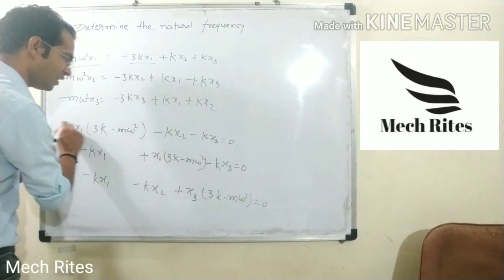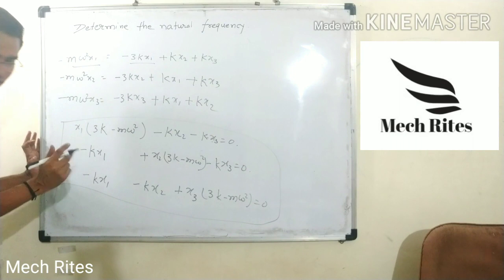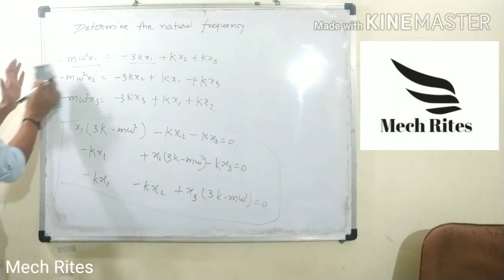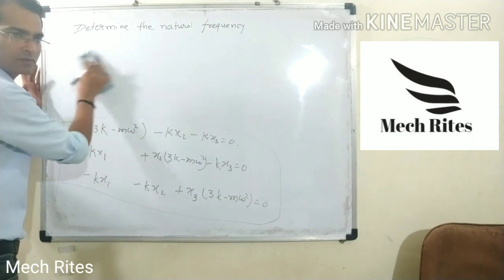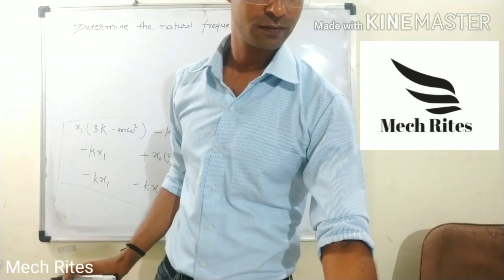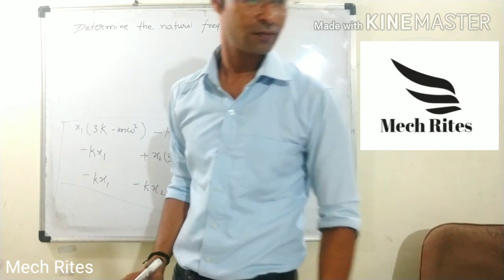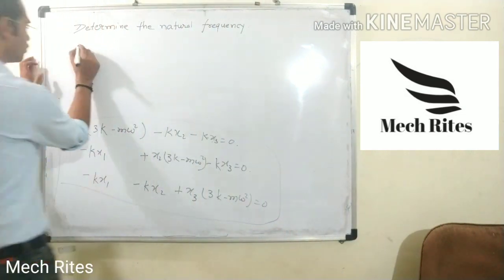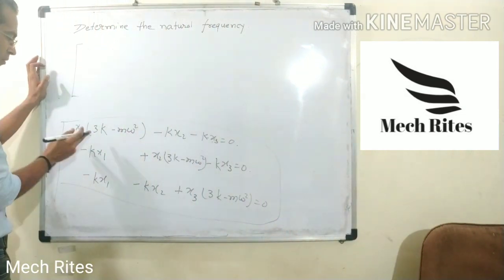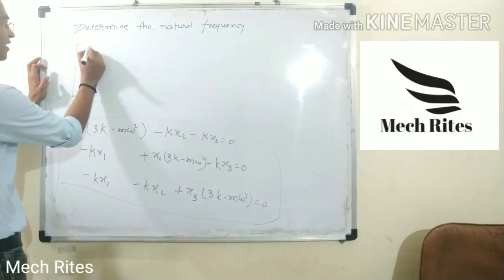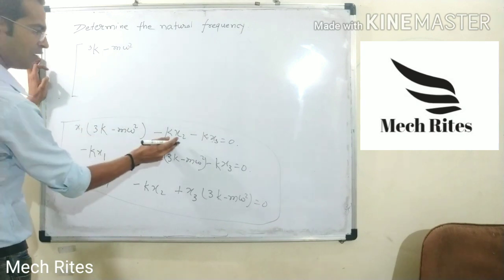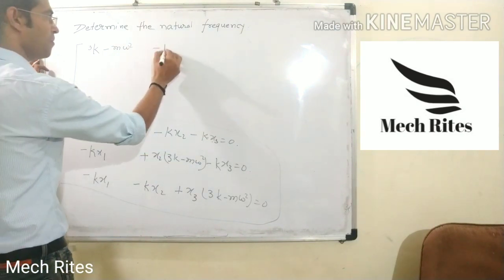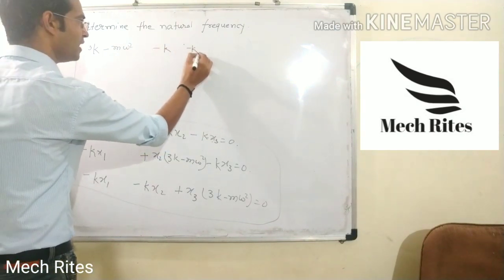Now convert it into the matrix format. For the x1 part I will write here 3k minus m omega square, here will be minus k and minus k.